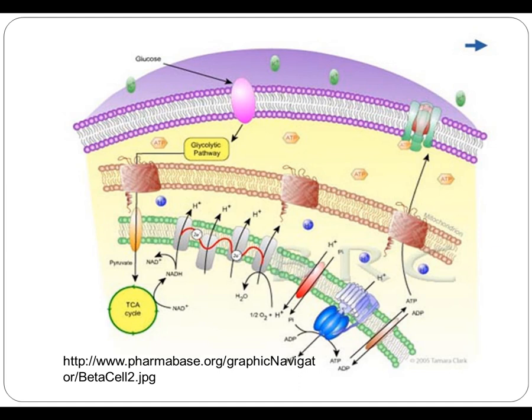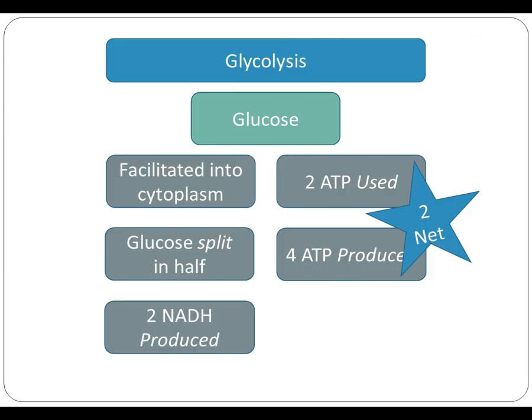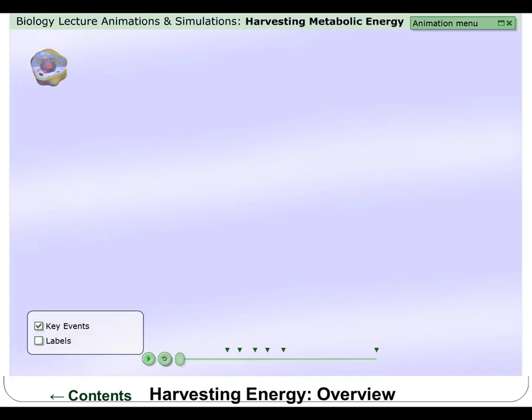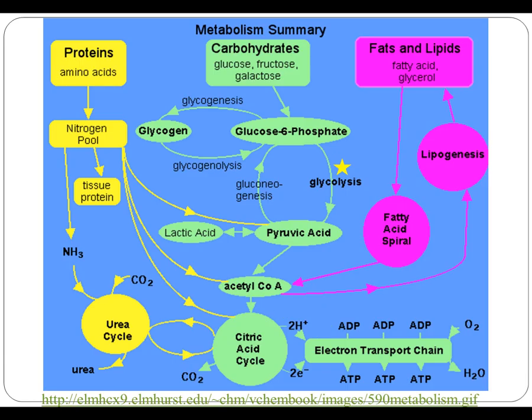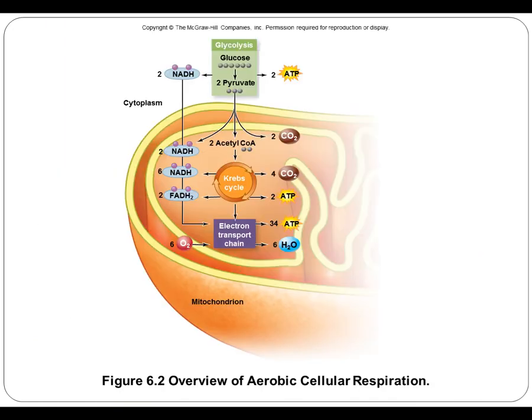Before I move on, is oxygen used in this pathway? Do you see up here in figure 6.2 in the overview, where glycolysis is in the green box?